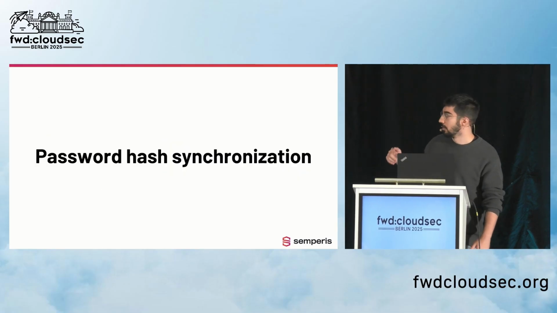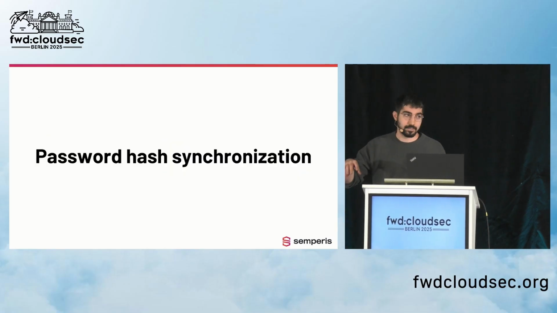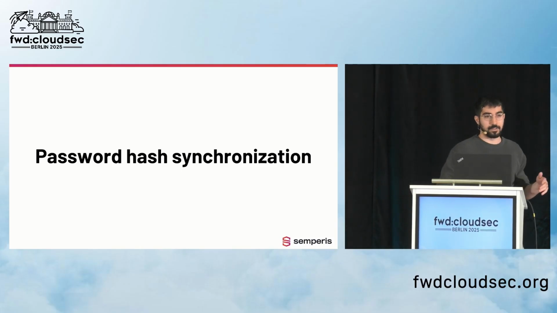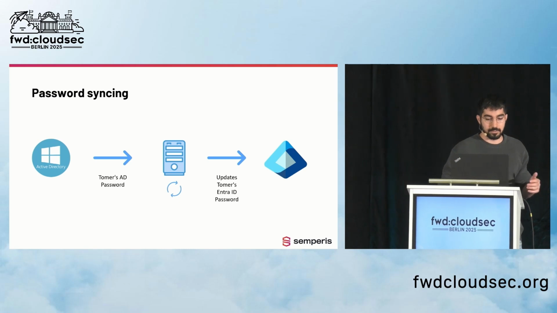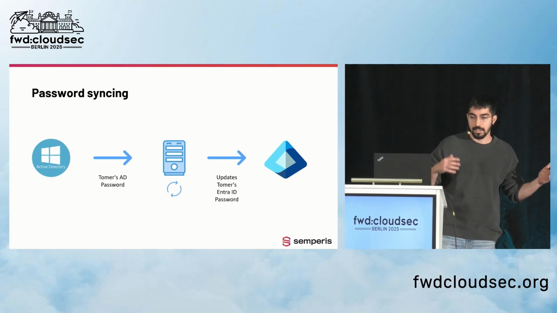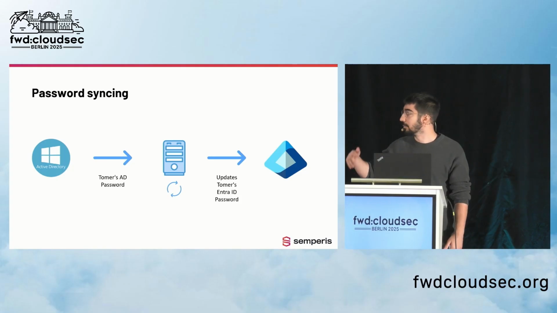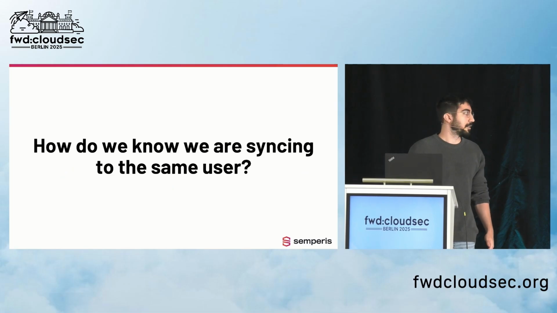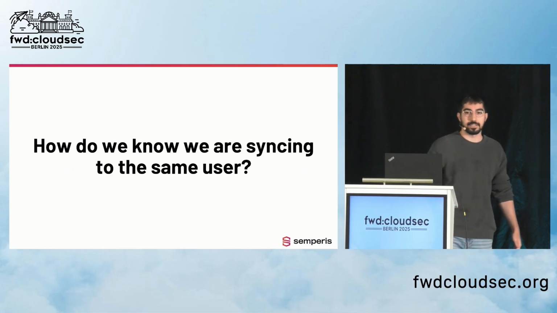But the most important mechanism for this talk is the password hash synchronization mechanism in Entra Connect. Based on its name, you can already guess what it's doing: it's taking the password from my AD user and updates the password in my Entra ID account. But how do we even know that we're syncing to the same user?